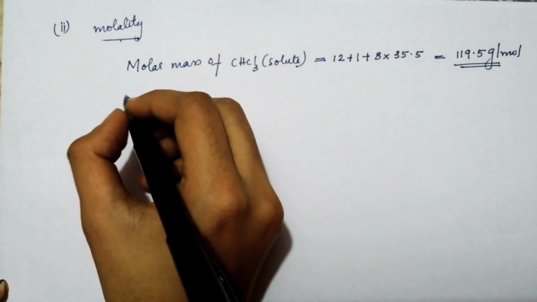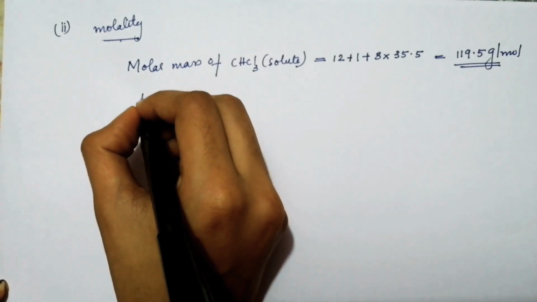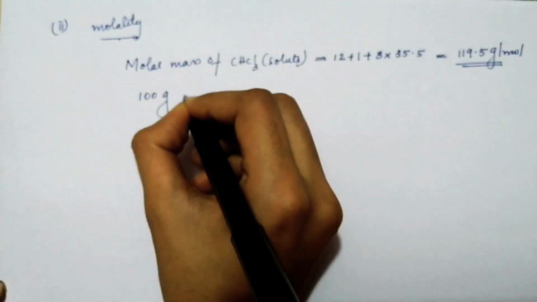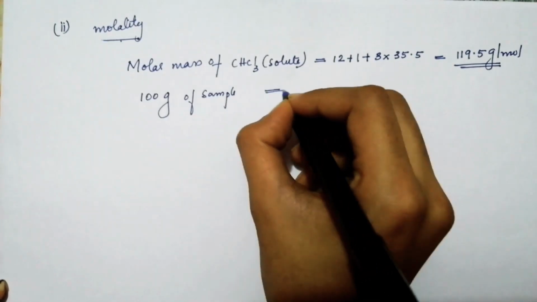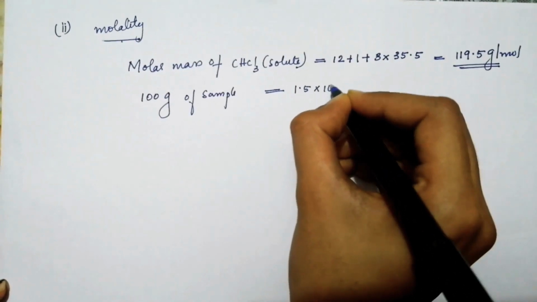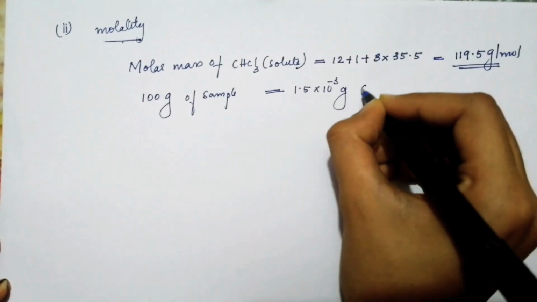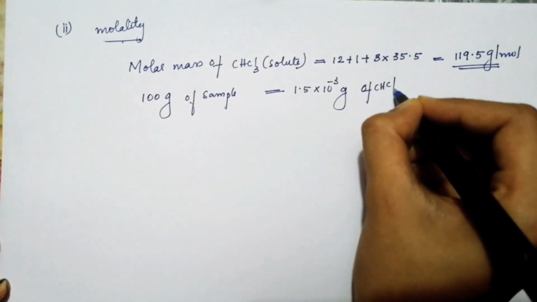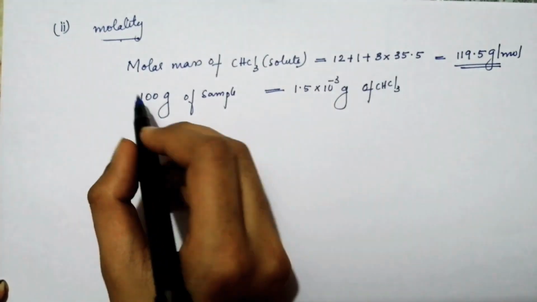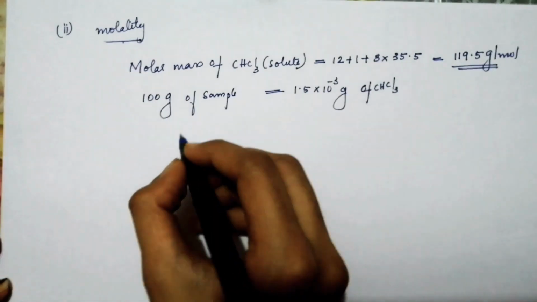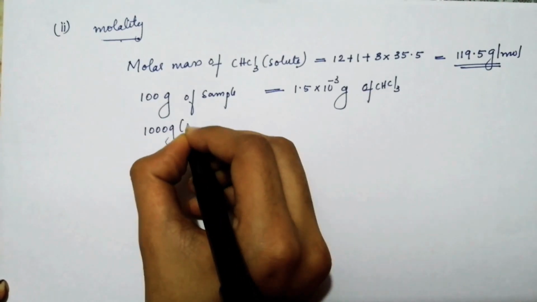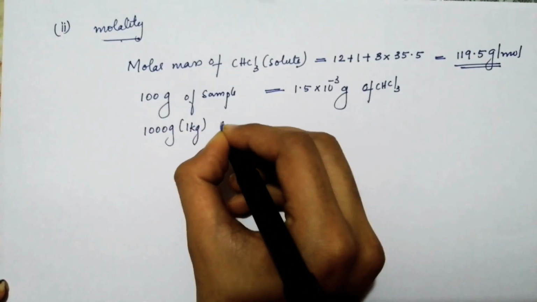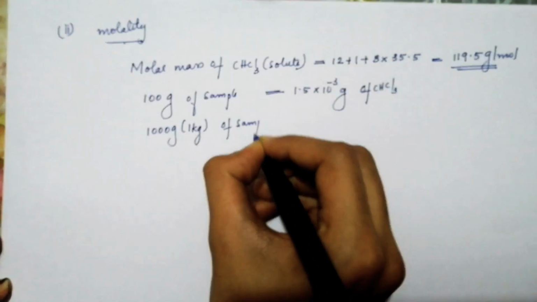Now, from the concept of mass percentage, we know that if we have 100 gram of sample, then it contains 1.5 into 10 power minus 3 gram of chloroform, the solute. Now, since it is the molality, we should calculate it for 1000 gram or 1 kilogram of sample.